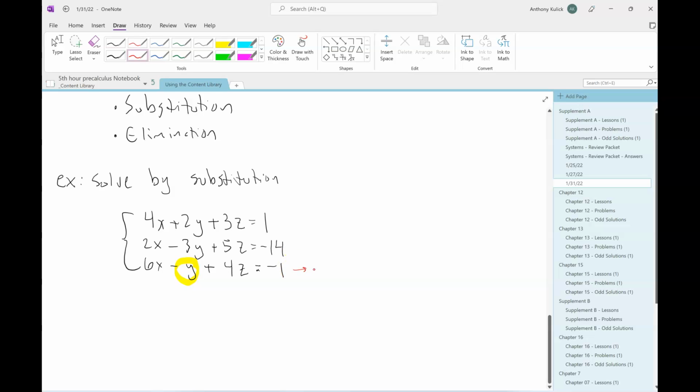So for this one, I'd start by subtracting the 6x over and the 4z over, and then divide by the -1, to get the y by itself.